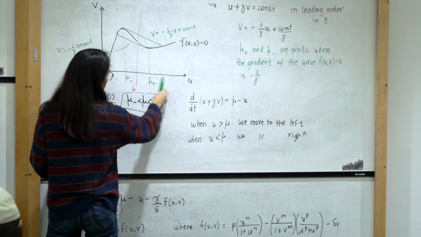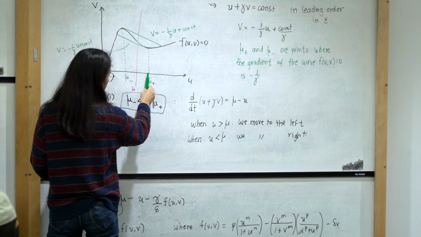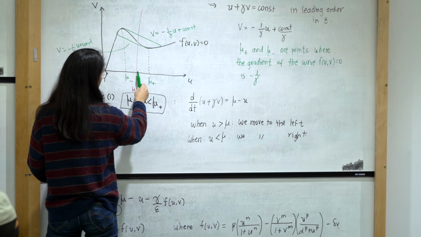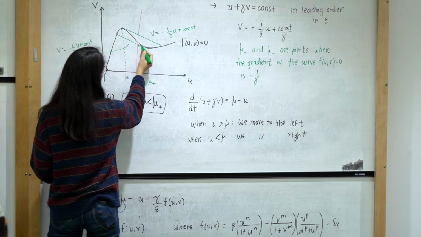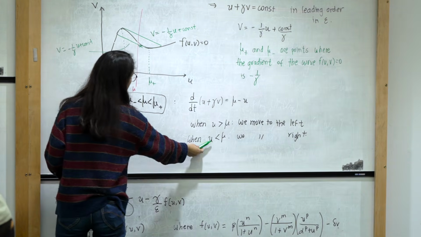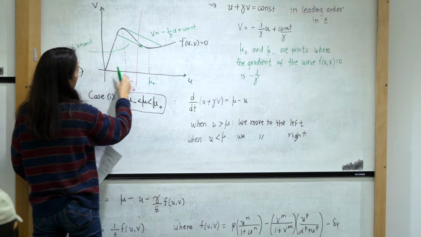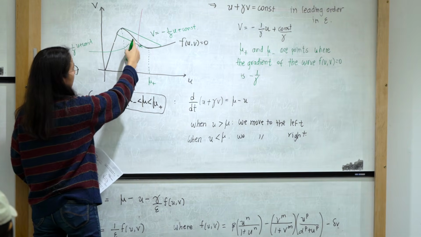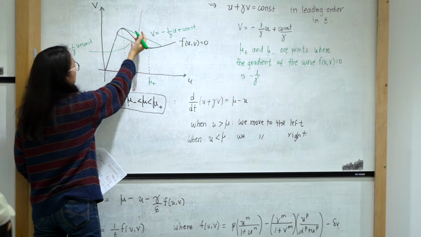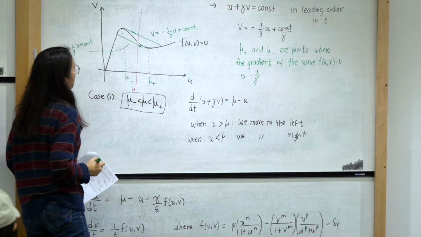So u, which is this axis, is bigger than mu, but mu is between that, so I'm less than that. I'm going to the left, so this is this arrow here. And now u is less than mu, so I'm to the left of the red, but I'm to the right of mu plus, and I'm going to the right. So this is the arrow here.